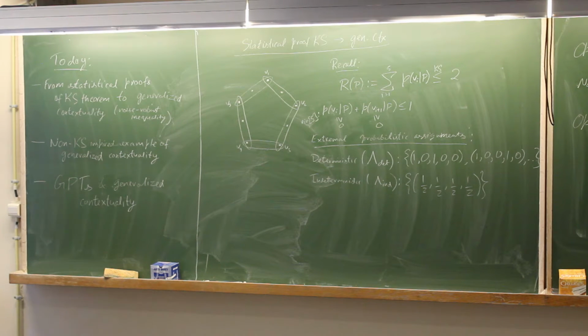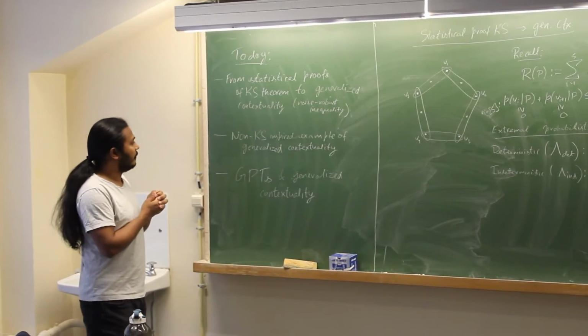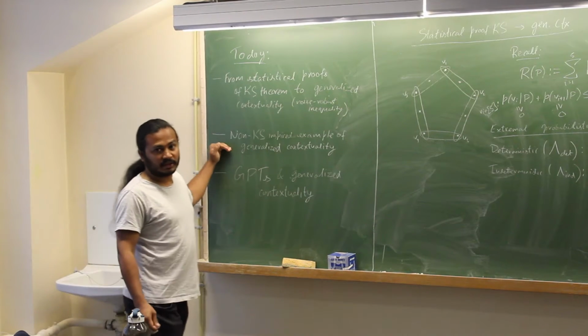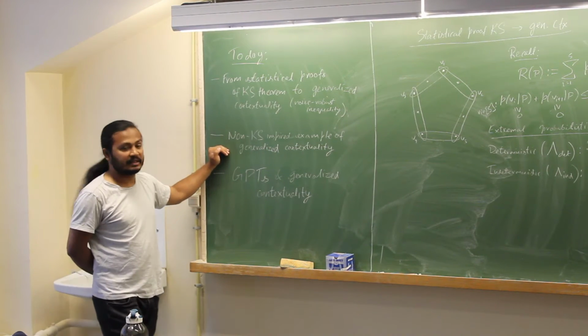Then, just to emphasize, although in these lectures I'm focusing on how to go from traditional contextuality, which is quotient spectral, to generalized contextuality, and how quotient spectral fits into generalized contextuality when we appropriately operationalize it, I want to emphasize that generalized contextuality is a standalone notion of non-classicality.